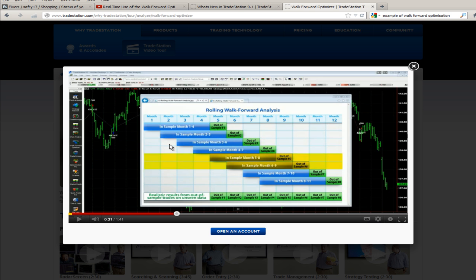So walk forward analysis is a fairly new feature. It's been around for a little while, but it's being improved all the time. What we're going to tap into is some of the improvements, and as part of our process going forward, I'll start creating modules on how to get the most out of this walk forward analysis.